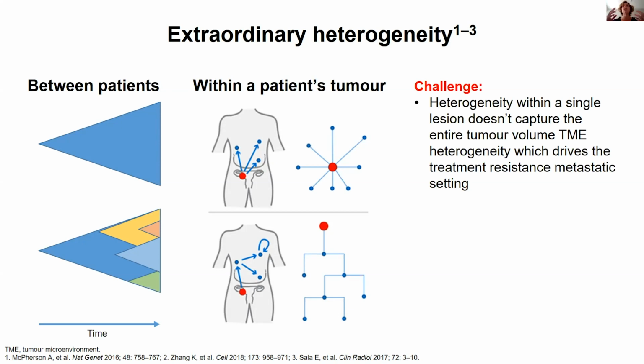Now we know what the big challenge is, and we know that heterogeneity within a single lesion does not capture the whole tumor microenvironment, which from genomic and proteomic studies we know drives the resistance in ovarian cancer. And what kills the patient in ovarian cancer, as in other tumor types, but especially here, is resistance to chemotherapy, which unfortunately about 80% of patients will ultimately develop, about 50% on the first round, and about 80% later on.